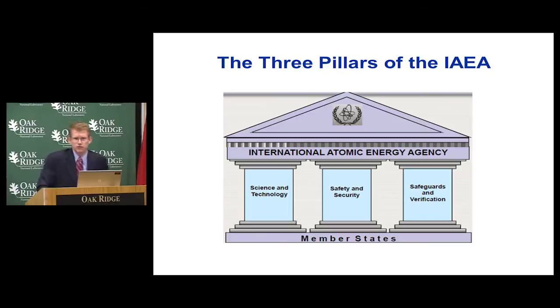So, as I was introducing earlier, the safeguards and verification aspect is a very important aspect of the agency, but it's really just one of 3 pillars that make up the agency. The other being safety and security related to the handling, transportation, and possession of nuclear materials for either fuel cycles or other peaceful uses, and the overall science and technology.